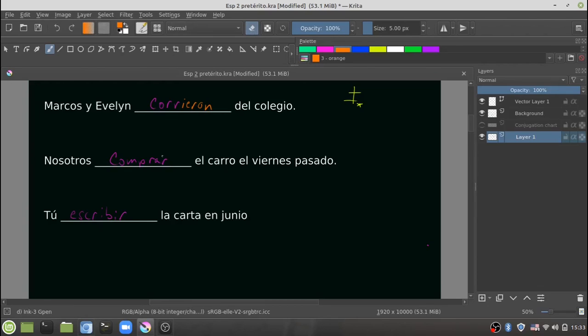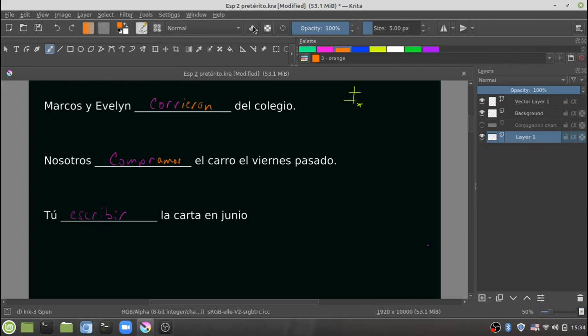We're going to take nosotros and comprar. And once again, we can't have an infinitive at the end of this thing. It's incorrect. So we're going to get rid of the infinitive ending. This is an AR verb. It's in the nosotros form. We're going with amos. Alright, so compramos el carro el viernes pasado. We bought the car last Friday.